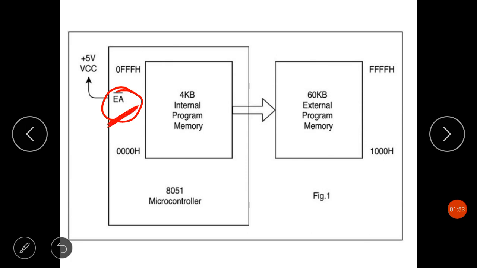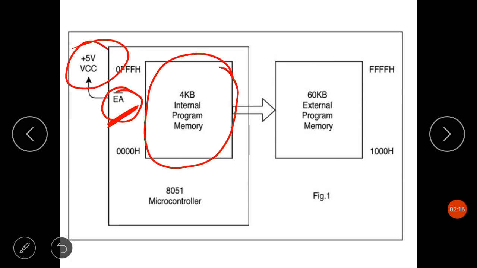When the EA pin is pulled high, that is when it is connected to plus 5 volt VCC, the CPU first fetches instructions from the internal program memory of 4 kilobytes.